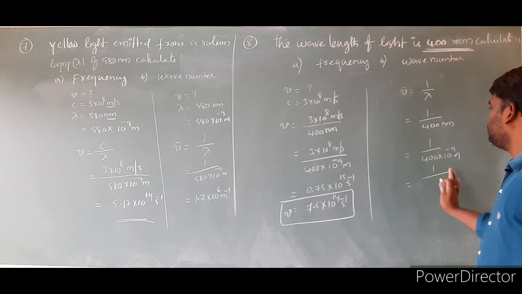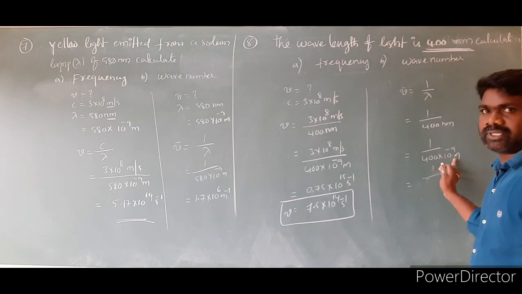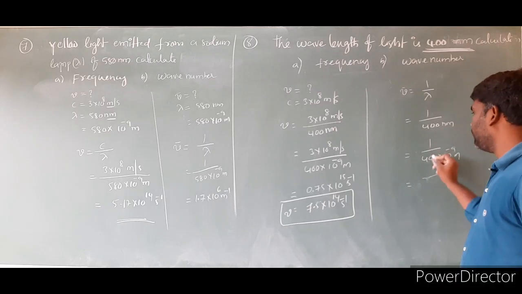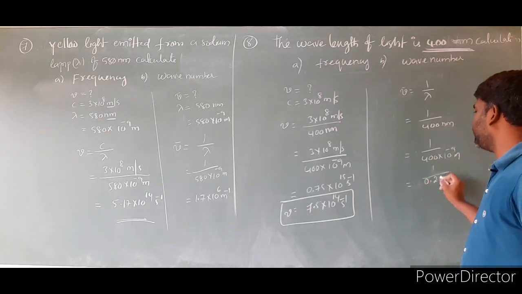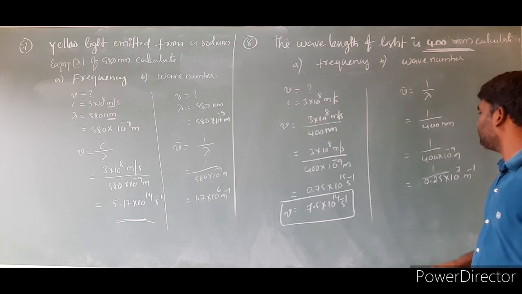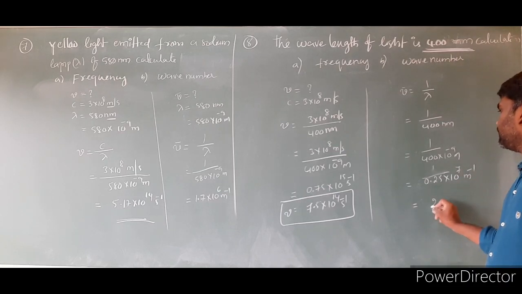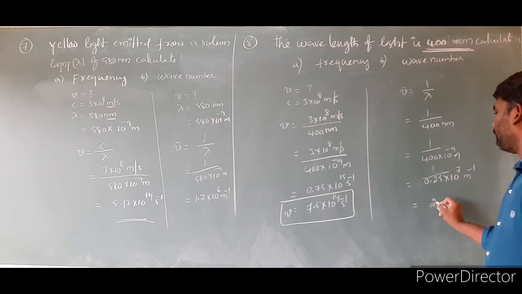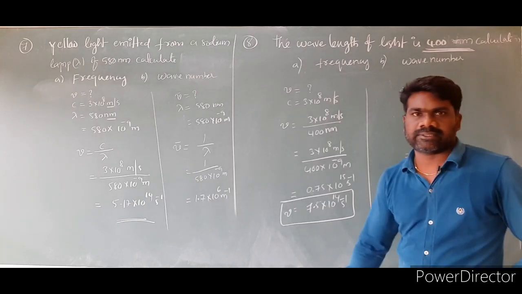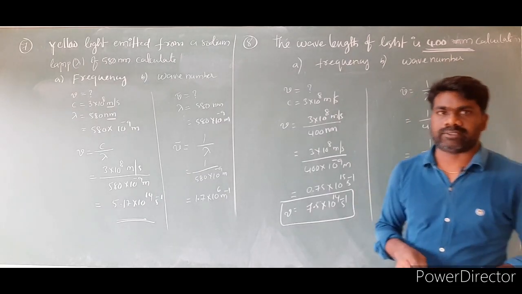So 2 zeros cancel, 10 power minus 7 transposed to the numerator, 10 power plus 7, then 1 by 4 is 0.25 into 10 power 7 meter inverse. So we can write it as 2.5 into 10 power 6 meter inverse. So this is problem number 8.